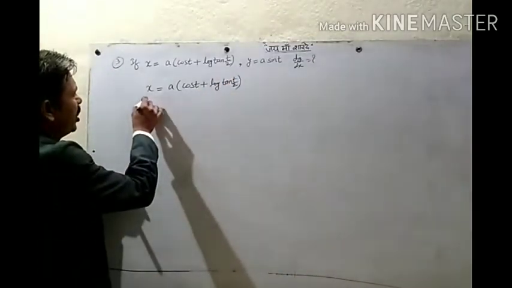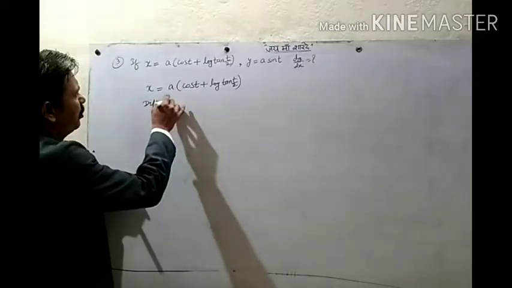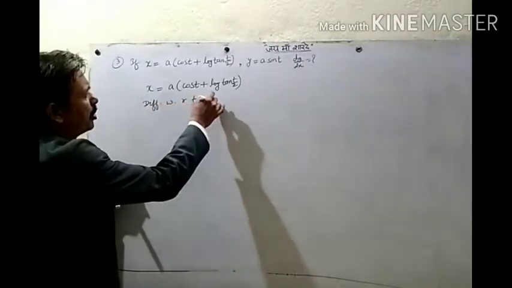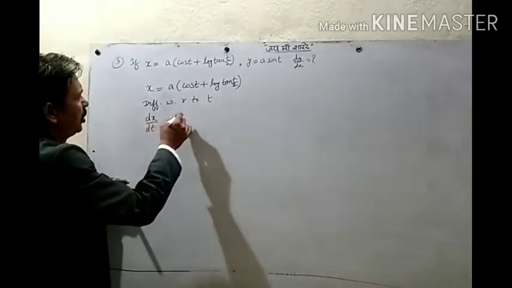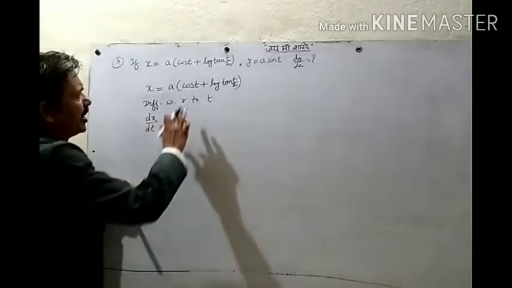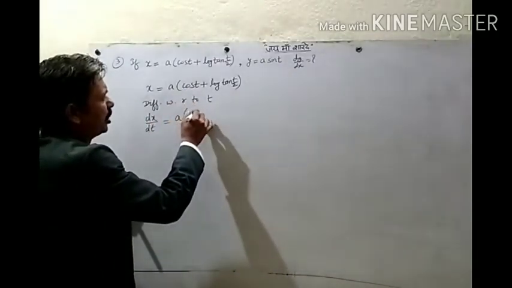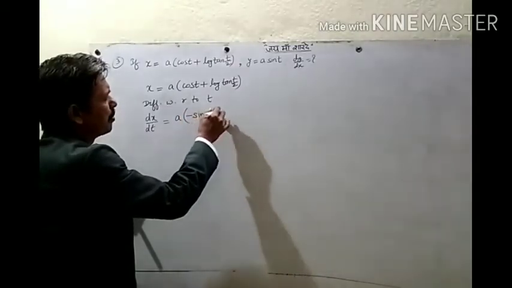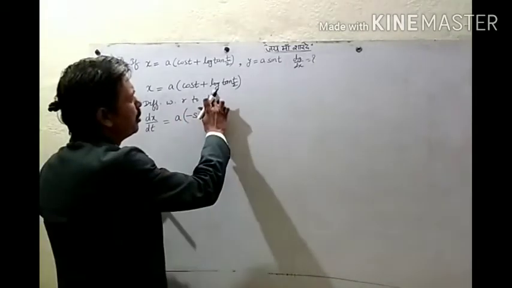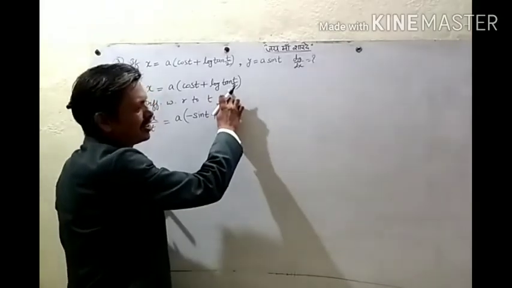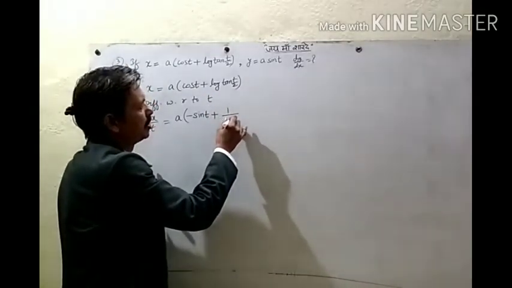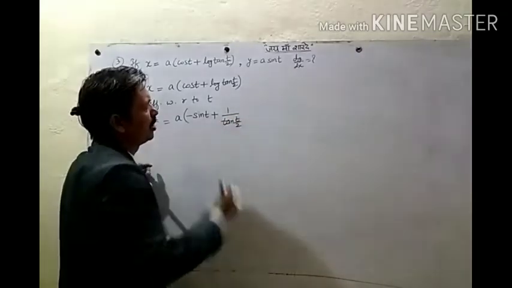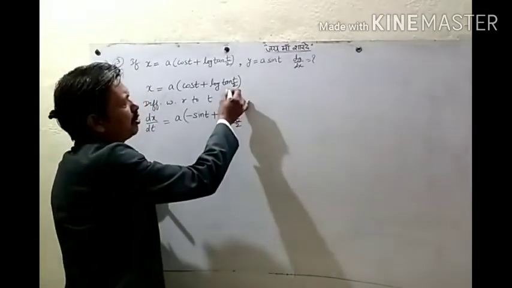So let's say we differentiate with respect to t, then you get dx by dt, a constant as it is, derivative of cos t is minus sin t, plus derivative of log tan t by 2, derivative of log x is 1 by x, means 1 by tan of t by 2, but it is not actually x.